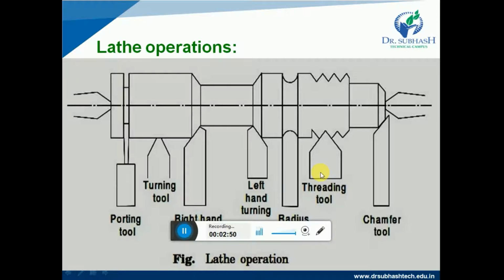First of all, we want to discuss this. This operation is done to produce a cylindrical surface by removing some excess material from the workpiece, right?